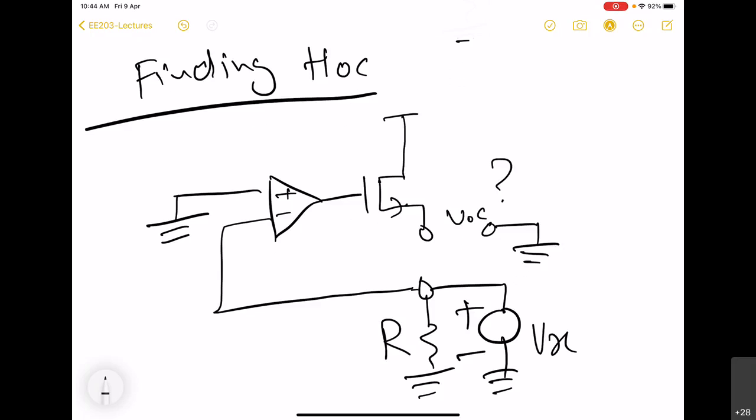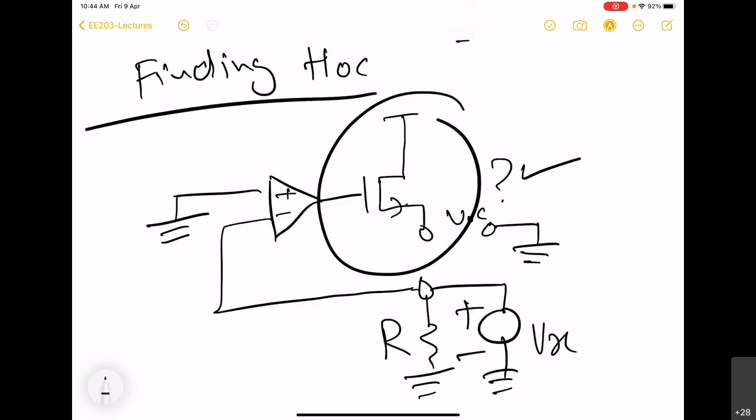So for this case, we will have to draw the model of this MOS to find out this VOC. This will be in terms of this voltage VP2.